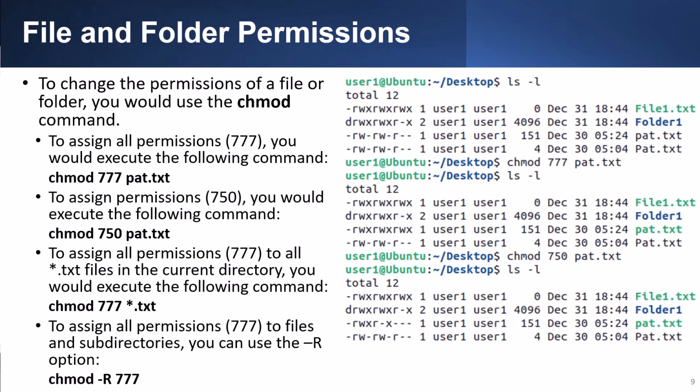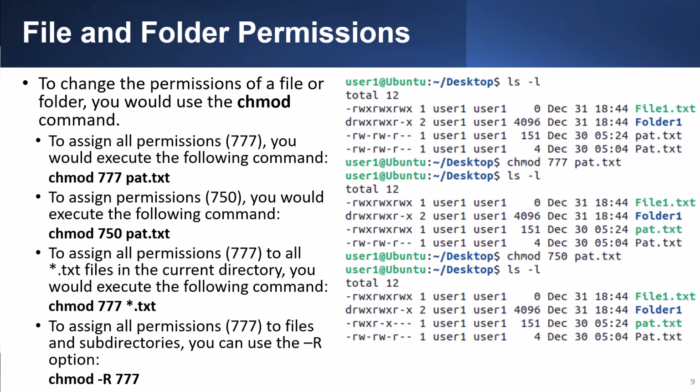To change the permissions of a file or folder, we would use the chmod command. To assign all permissions 777, you would execute the following command: chmod 777 pat.txt. To assign permissions 750, you would execute the following command: chmod 750 pat.txt.